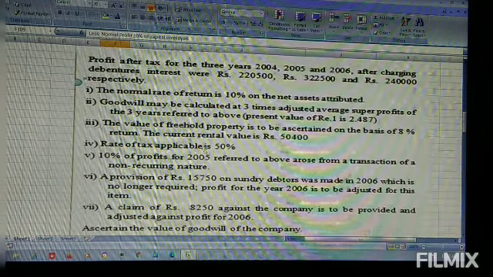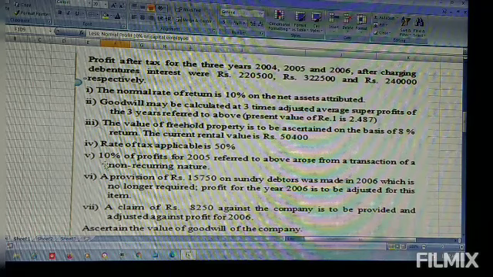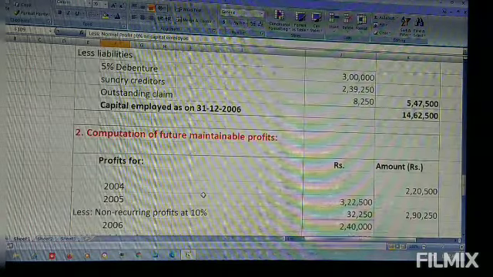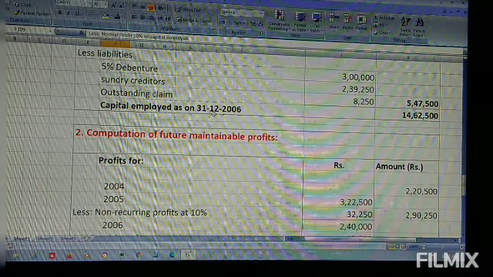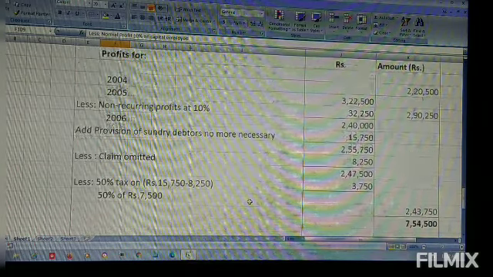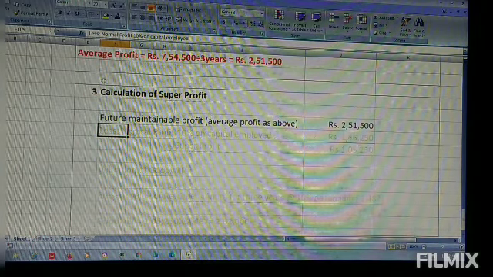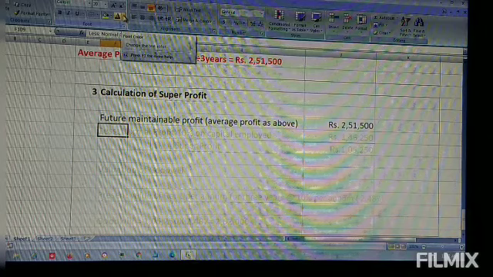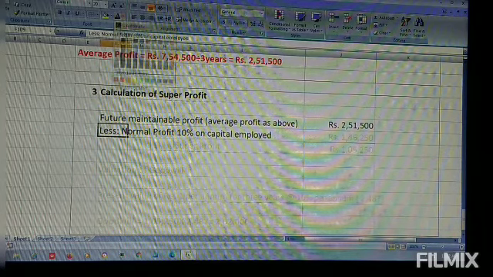The normal rate of return is 10% on the net assets attributed, or capital employed, 14,62,500. 10% of this is 1,46,250. Less normal profit, otherwise we don't get the super profit.